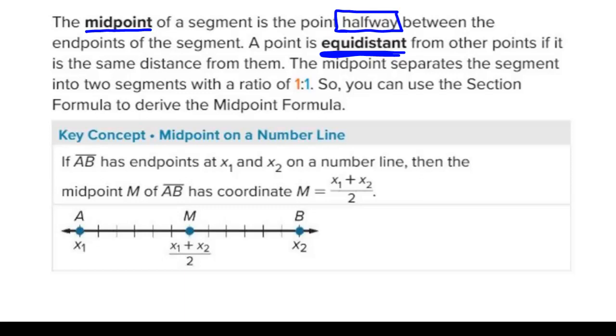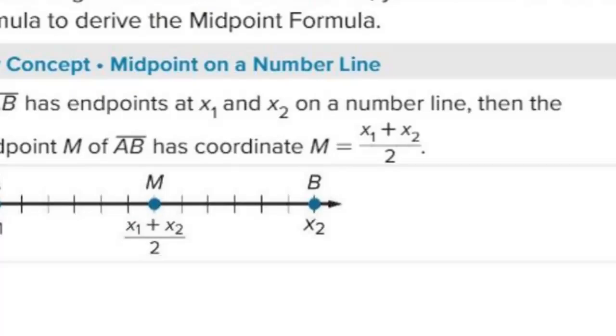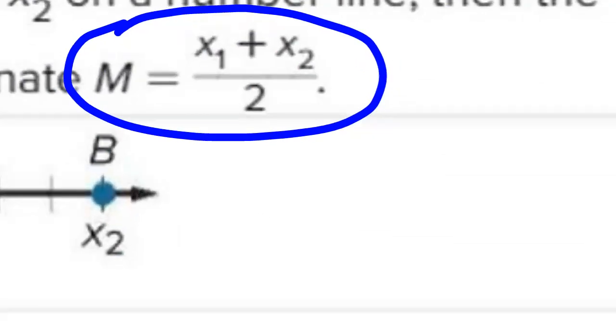When we're working with just a number line, this is how we find the midpoint. Instead of minusing our x's to find the distance, we're going to add the x's and divide by 2. We're going to average those x's.